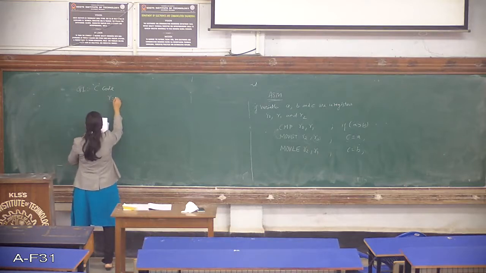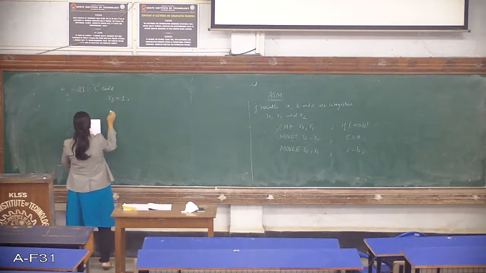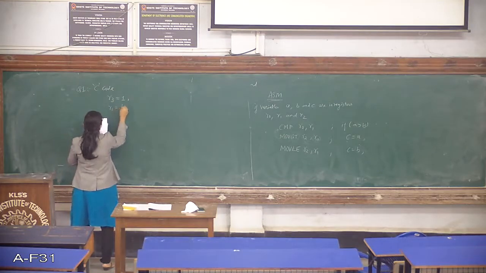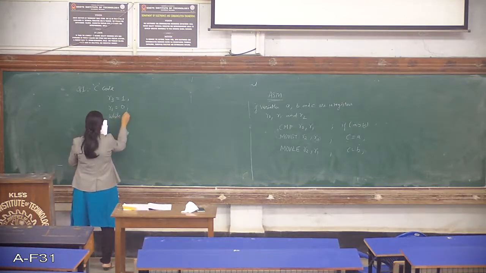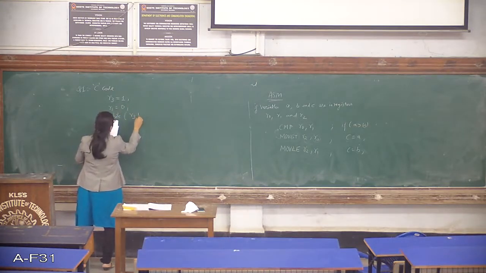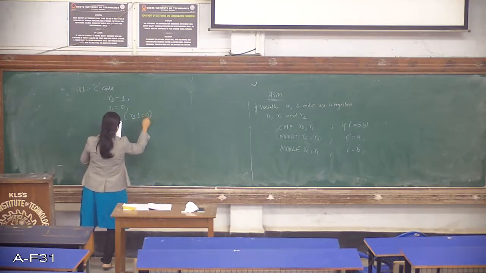First is R3 equals 1. This is assigning the value 1 to the R3 register. R1 equals 0. Then we have a while condition, while R3 not equal to 0.